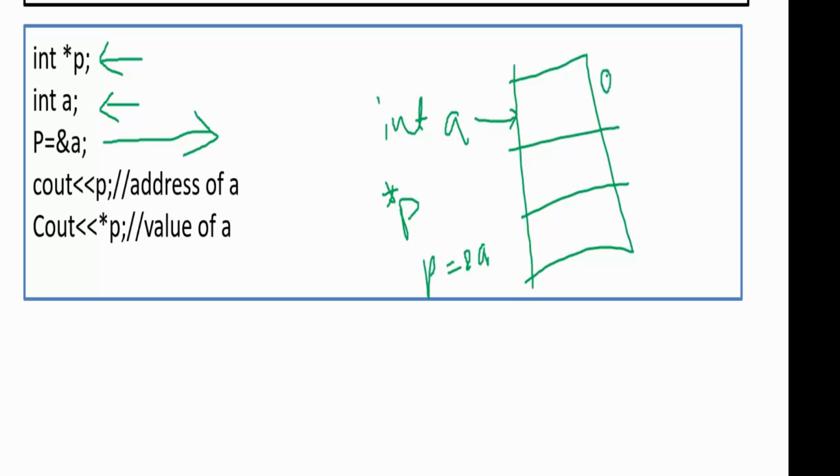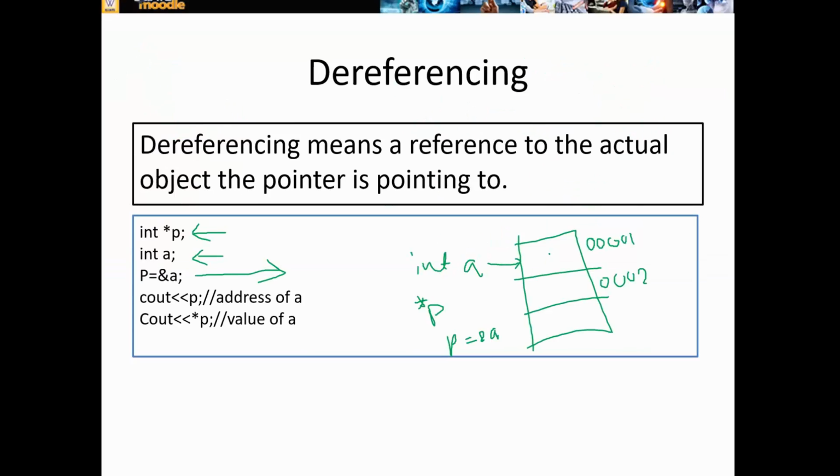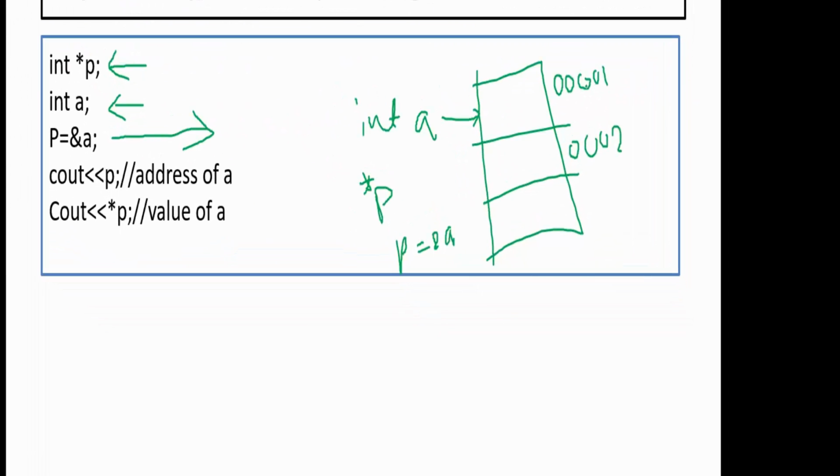For an example, if this address is 0001, right? Assume this one is 0002, and so on. When you say p equal &a, this location will fill with whatever the address of this int variable a is. So in this case, the address is 0001, therefore this will fill with 0001, like that.